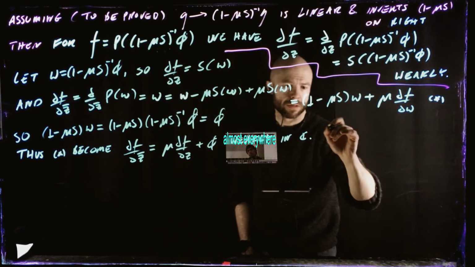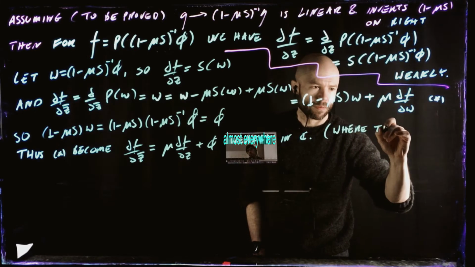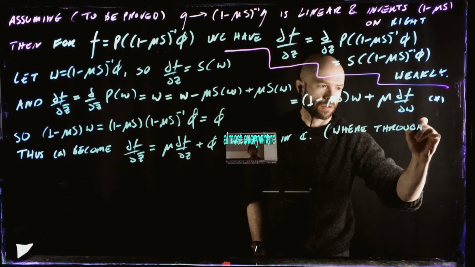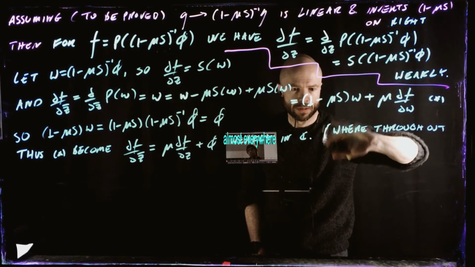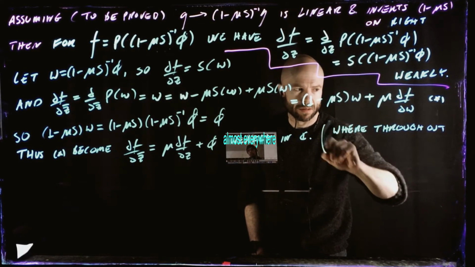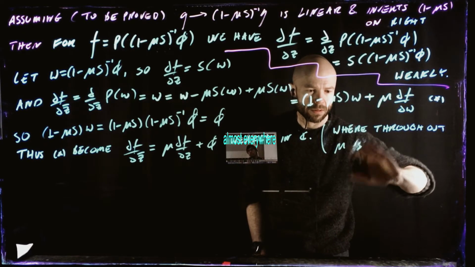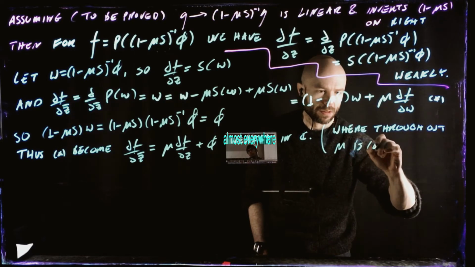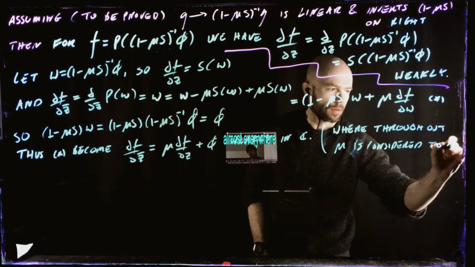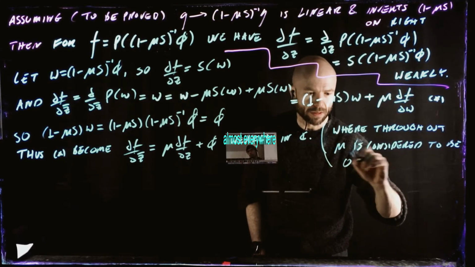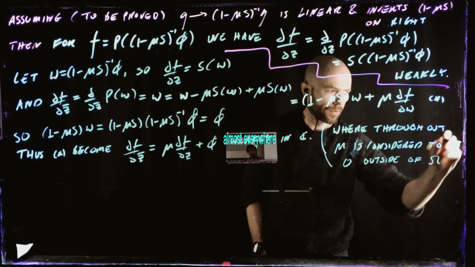Throughout, mu is considered to be 0 outside of omega.